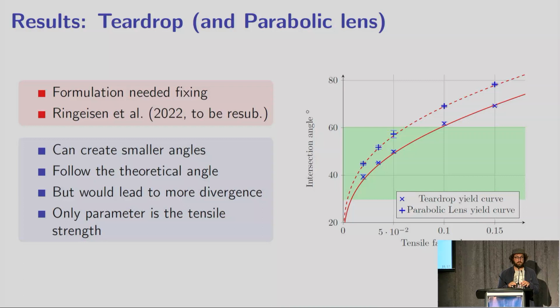We saw the formulation needed fixing, but then we can create angles that are in the range between 30 to 60 degrees. And it follows the theoretical angle of what we expect from the theory with the normal flow rule. The only problem is that it would lead to more divergence in the model, which would need to be tested in pan-Arctic simulations. And there's only one parameter, the tensile factor, because of the way this yield curve is constructed.